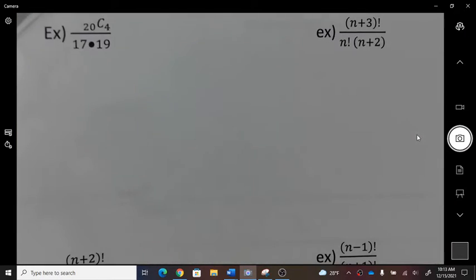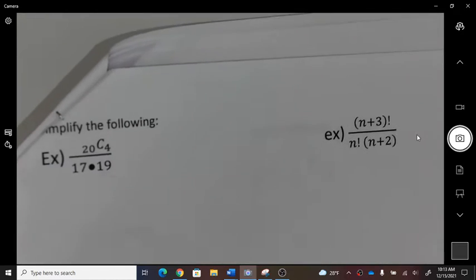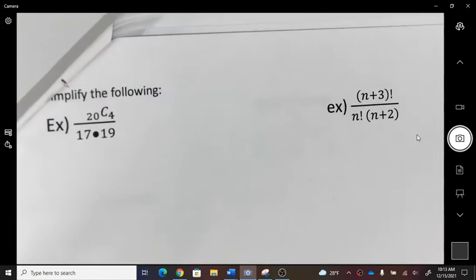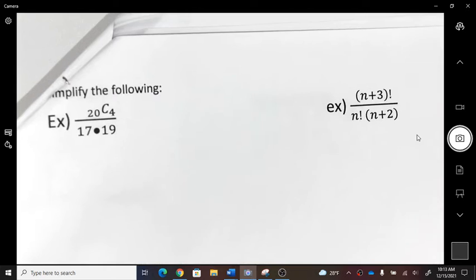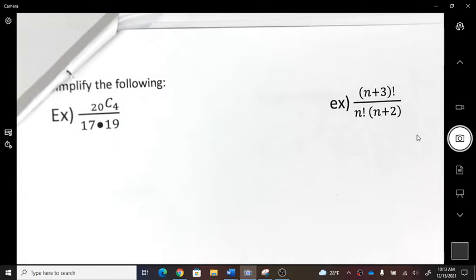So this is going to be simplifying an expression with factorials. So 20C4, you're going to have to grab your formula sheet.